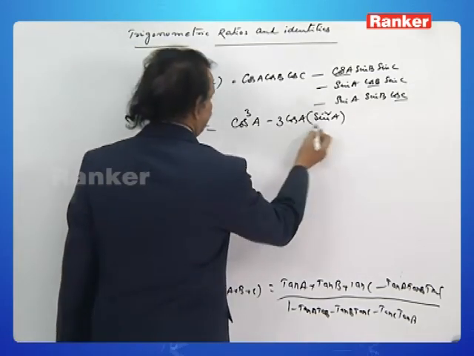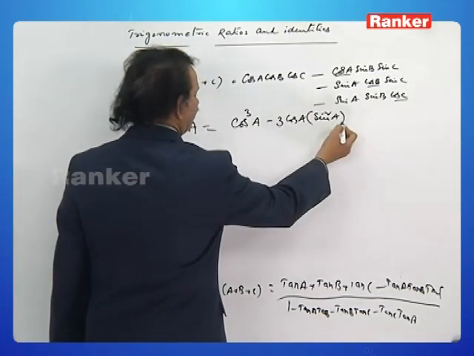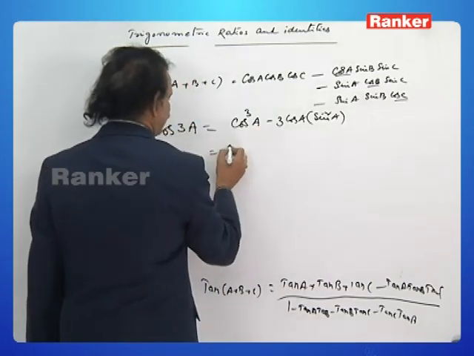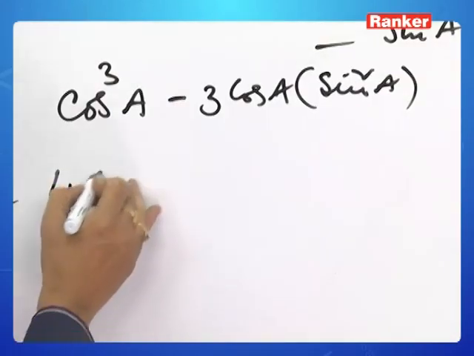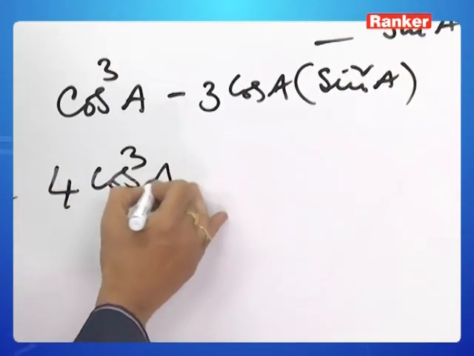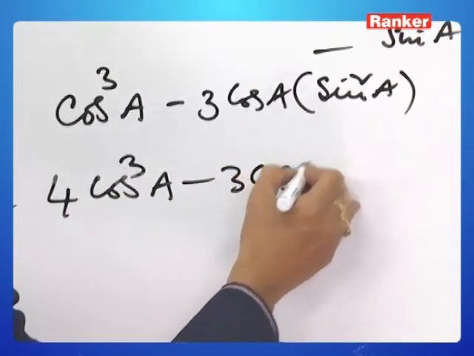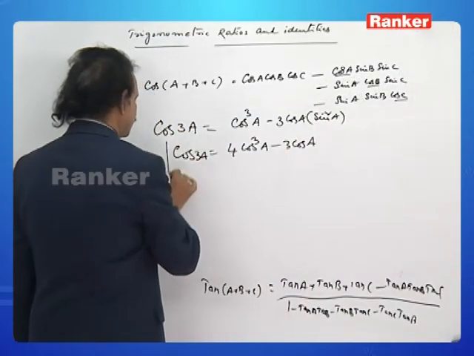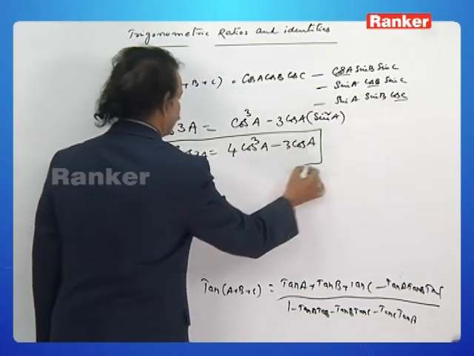So in this, 3 cos A into minus cos square A is plus 3 cos cube A. One cos cube A is here, so you are going to get 4 cos cube A minus 3 cos A for cos 3A.